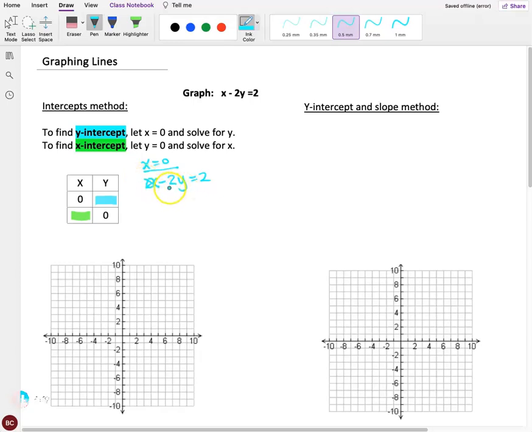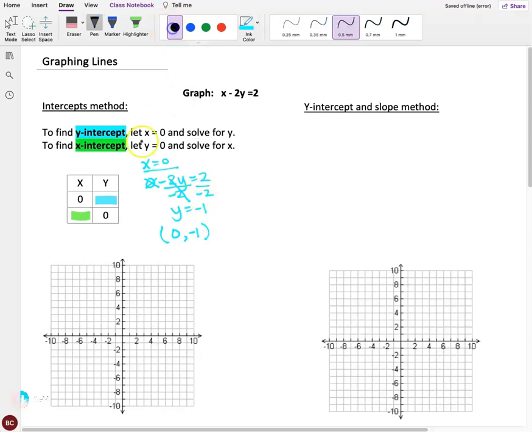So we really have negative 2y equals 2. To get y by itself, we just need to divide by negative 2. So when we do that, we get y equals negative 1. That's telling us when x equals 0, y is negative 1.